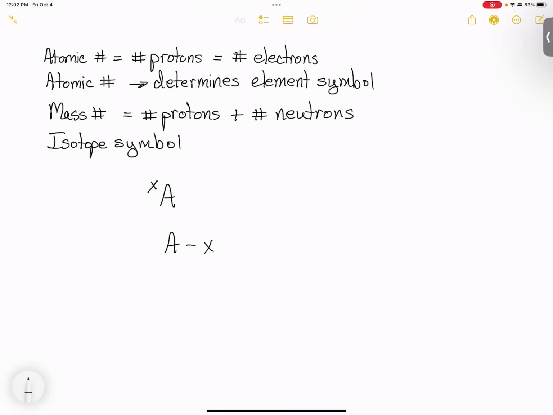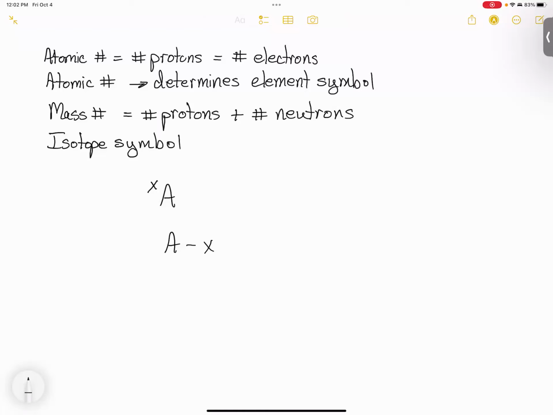The number of protons and the number of electrons are constant in any neutral atom of an element. They're always the same. The thing that can vary is the number of neutrons. And the number of neutrons determines what isotope of the element we're actually working with. So we have a couple of different symbols that we use for an isotope symbol.